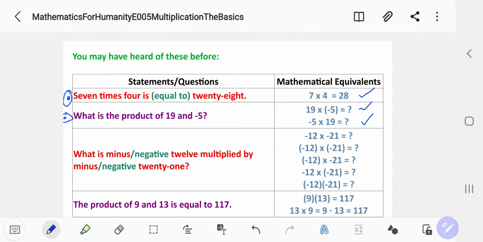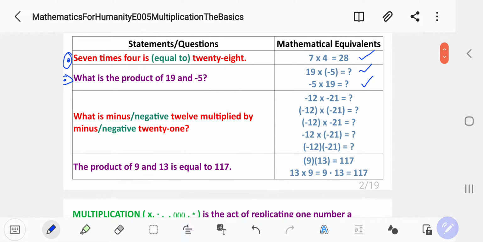The next one is, what is minus 12 multiplied by minus 21? Or what is negative 12 multiplied by negative 21? So here's the mathematical equivalent. They are just the same.